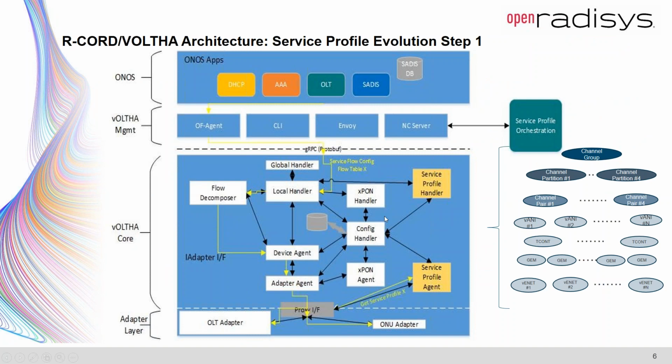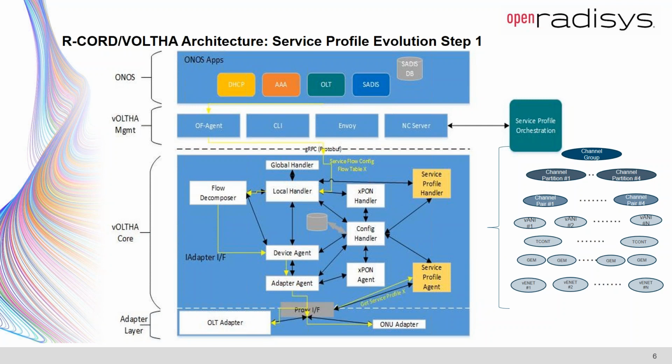Any comments on that in this particular option? Could you explain just a little bit more what you mean by the XPON handler getting the TC layer provisioning from the service profile? Is that what you're saying? No. I'm just saying the XPON handler stays as is, right?